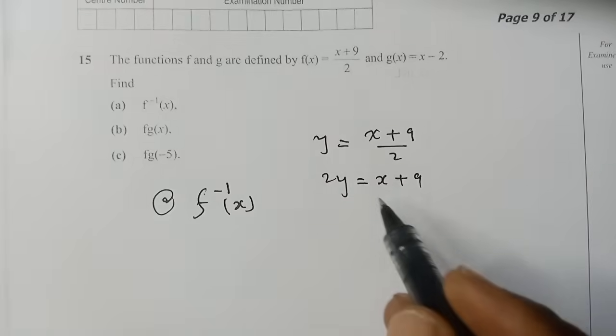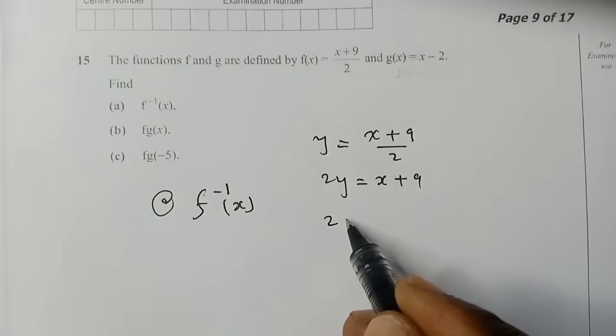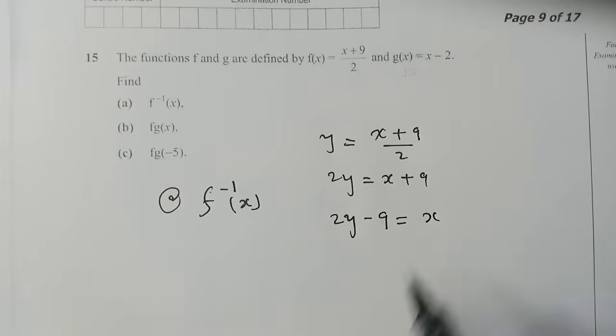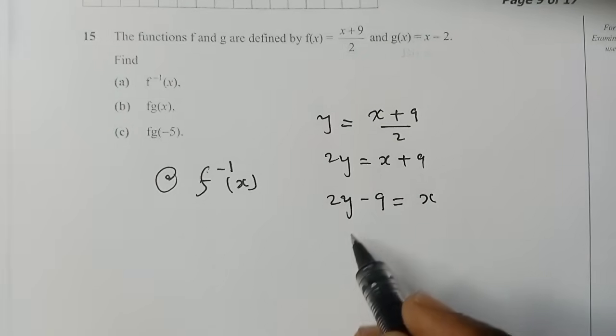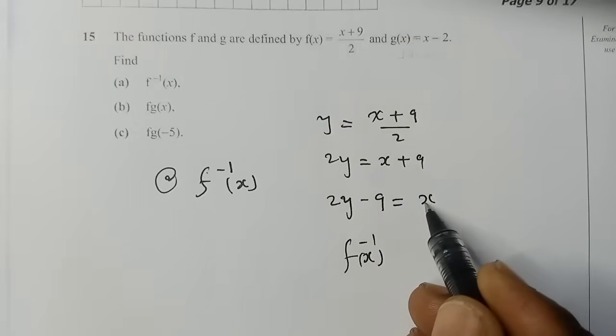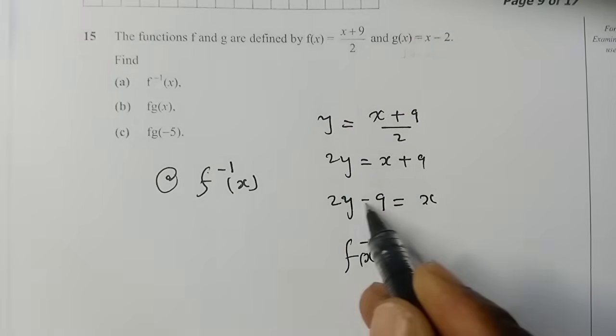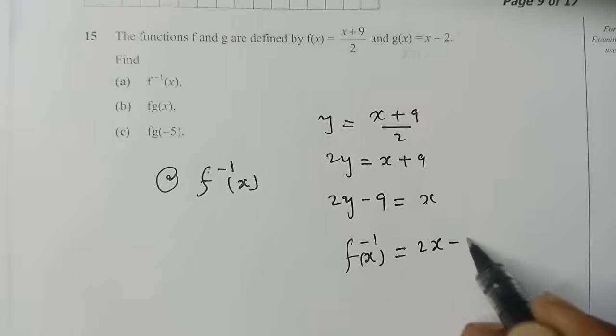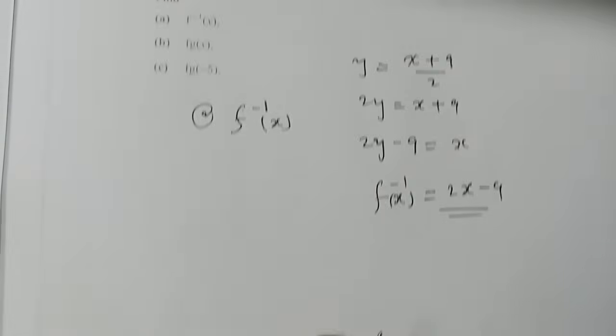Once we multiply, we can group the like terms and make x subject of the formula. We have made x subject of the formula, of which we can say f of x inverse is equal to this, where we change this y to x. So that is it.